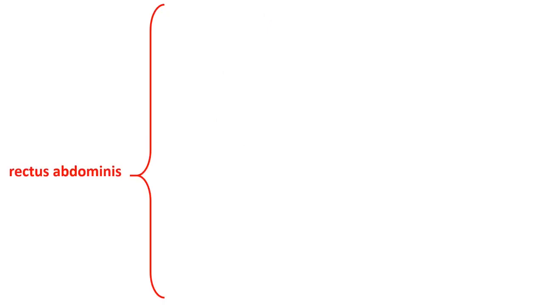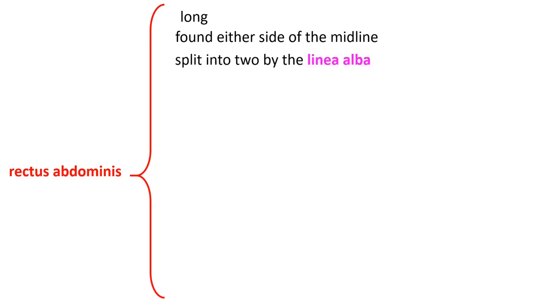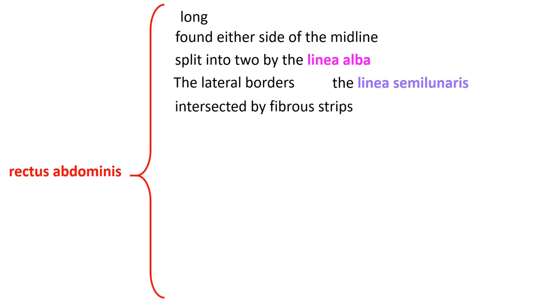This is the rectus abdominis muscle. It is long, found on either side of the midline, split into two by the linea alba, and its lateral border is called linea semilunaris, while its medial border is the linea alba, and it is intersected by fibrous strips.